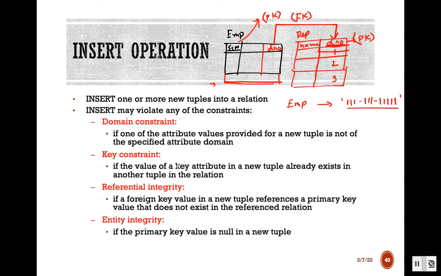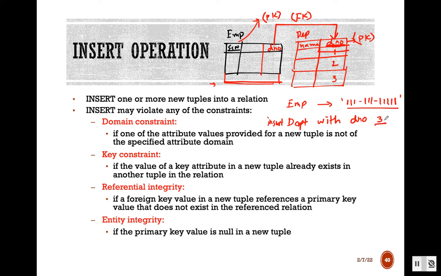All right, now key constraint, can it violate a key constraint? It can violate a key constraint. For example, let's say in your department table you have 3 departments, 1, 2 and 3. Now I am trying to insert another department with DNO 3.